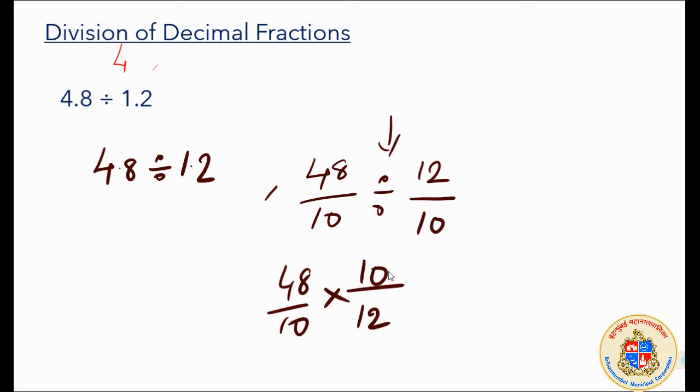And here we can see that this can get cancelled. 48 upon 12. The answer would be 4. Understood? So this way we can solve the situation of division by converting the decimal fraction into simple common fraction and multiply with multiplicative inverse. That is a technique.